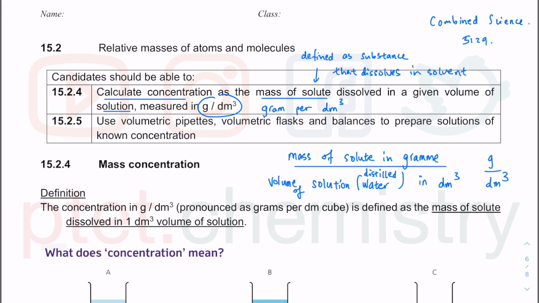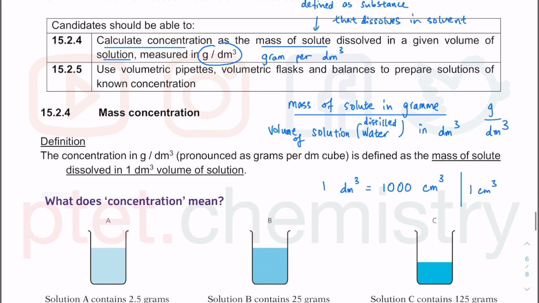Then what is this dm cube thing here? Okay, so 1 dm cube is basically 1000 cm cube, and we know in physics also, 1 cm cube is equal to 1 milliliter. So 1 dm cube is equal to 1000 milliliter, and we also know that 1000 milliliter is 1 liter.